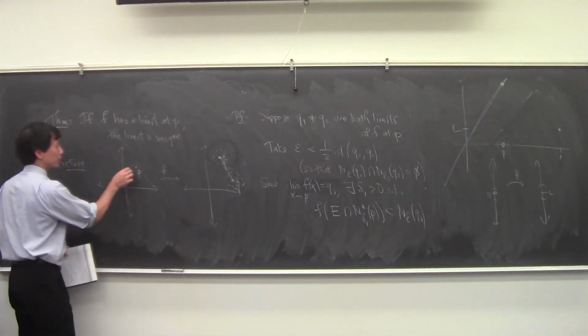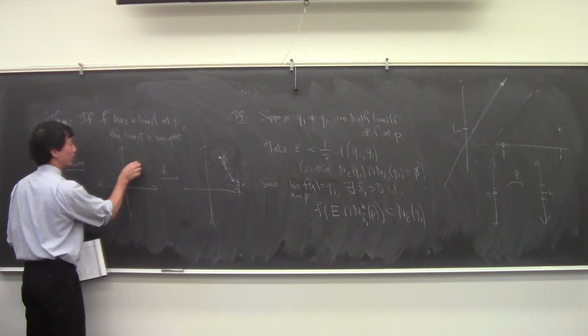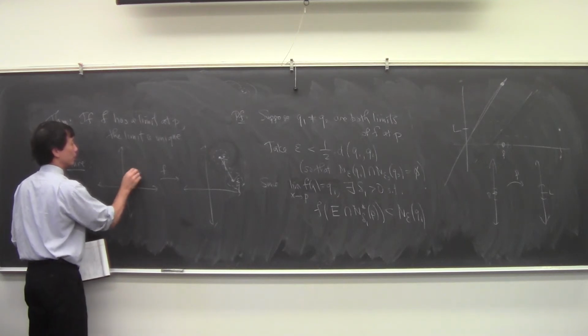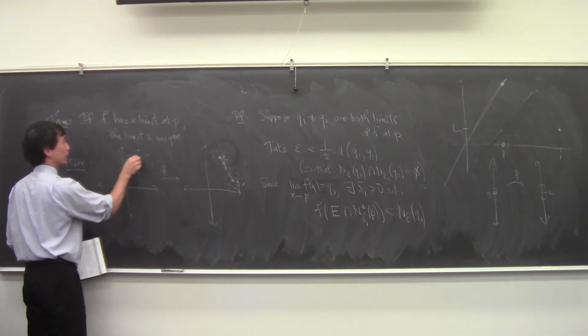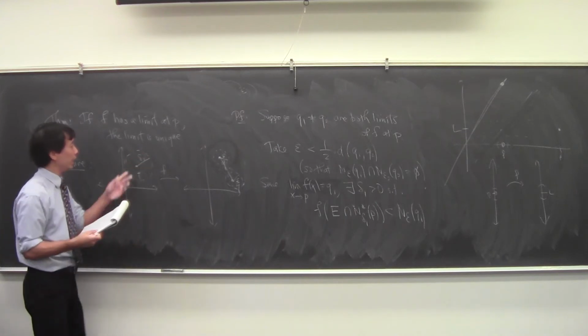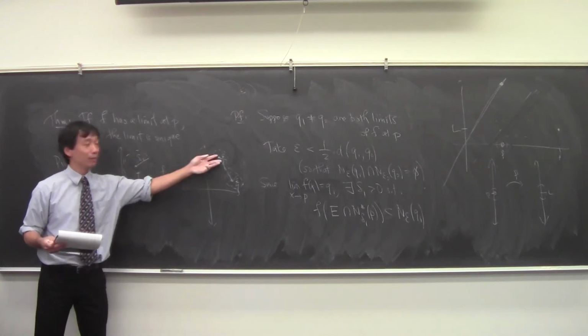Right? So let's say it's huge. There's some delta 1 neighborhood, and everybody in that punctured neighborhood gets mapped inside this one.